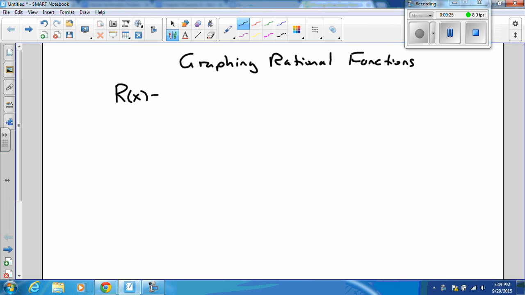A rational function is the ratio of two polynomials. And because P and Q are polynomials, that's going to give us an advantage in analyzing these rational functions because factoring is our friend.